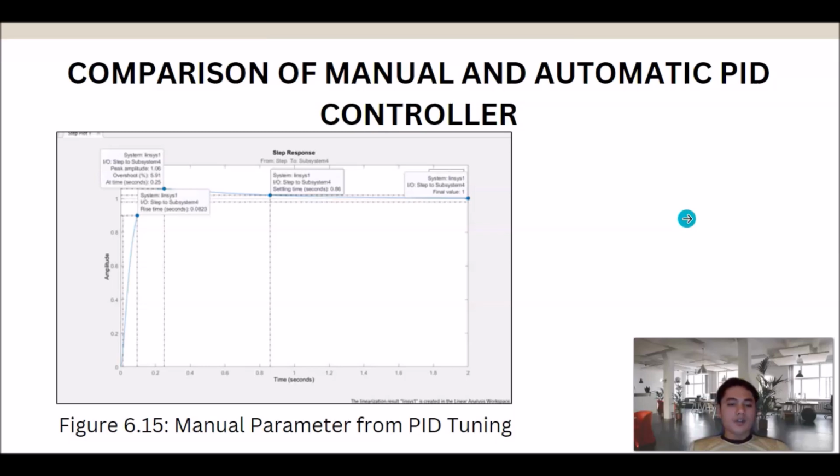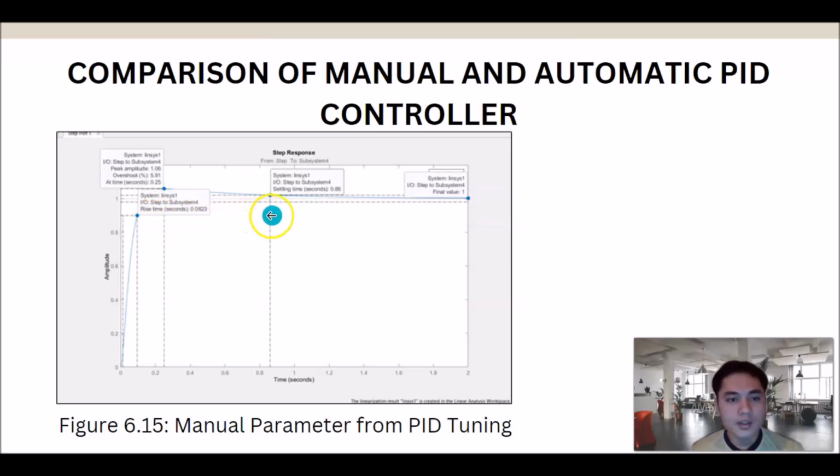This is our figure for manual parameter from PID tuning. As we can see in the graph, our peak amplitude is 1.06, overshoot 5.91, peak time in seconds 0.25.